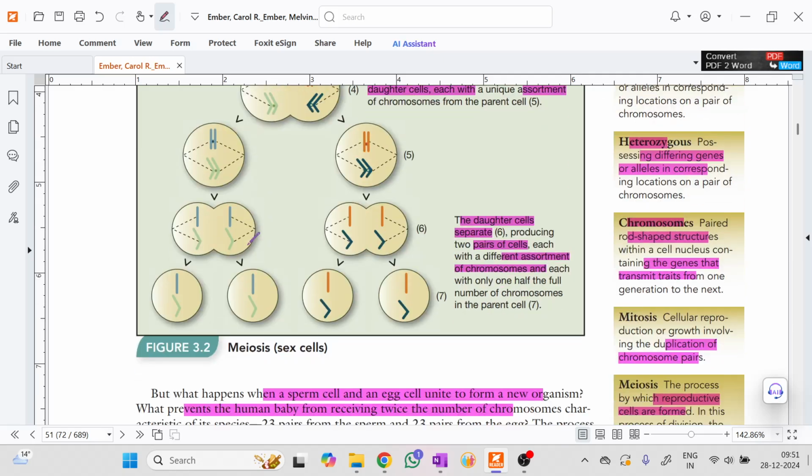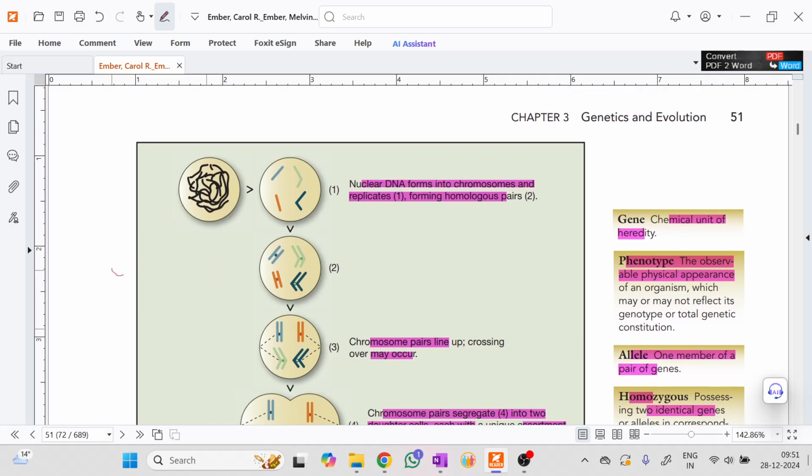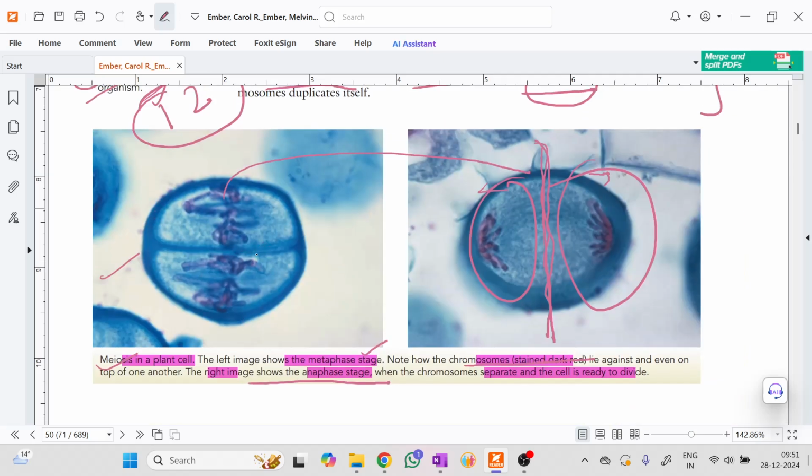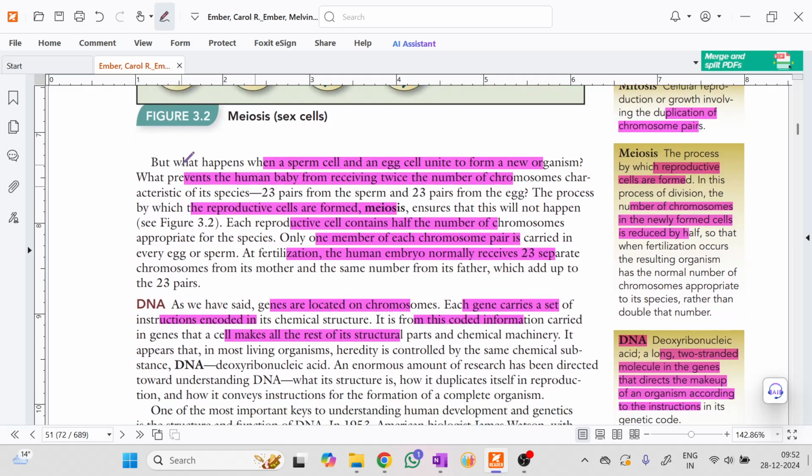This is another example of cell division, but in this process, meiosis, it happens in gametes, while mitosis is the process for all other cells which are not gametes. Then what happens when a sperm cell and egg cell unite to form a new organism? What prevents the human baby from receiving twice the number of chromosomes, 23 from sperm and 23 from egg? Why can't we receive 46 pairs?